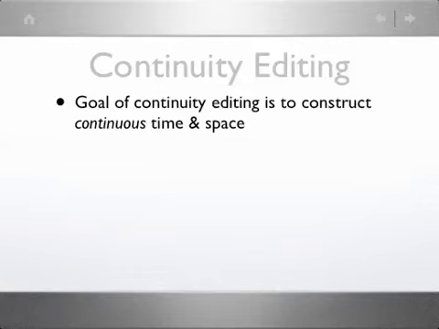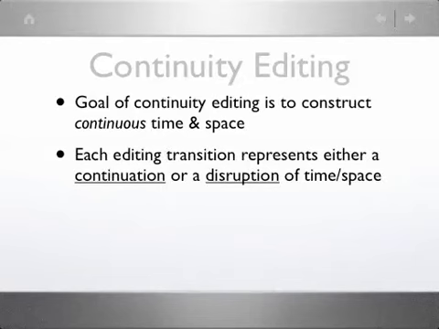The continuity editing system, which is what we're looking at this week and what I'll be talking about in the remainder of this lecture, is the way in which time and space is made to seem like it is continuous to us as we watch it as viewers of a movie.